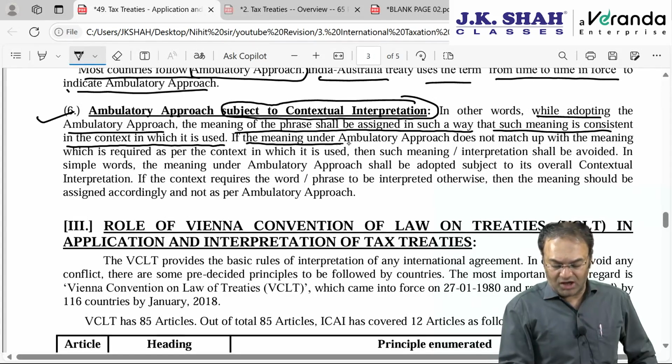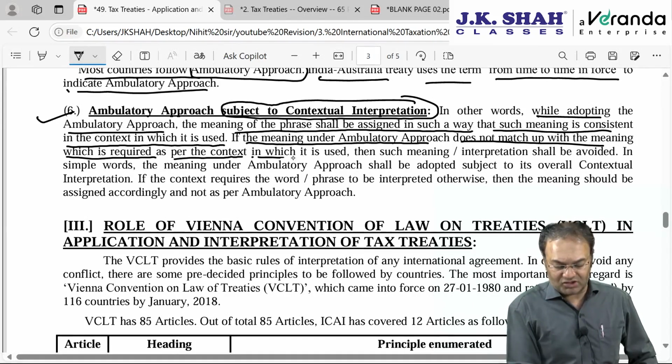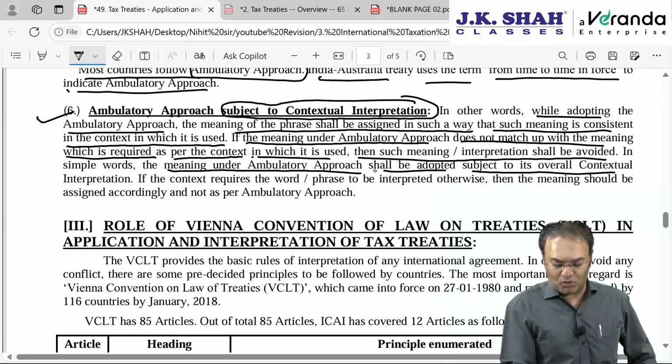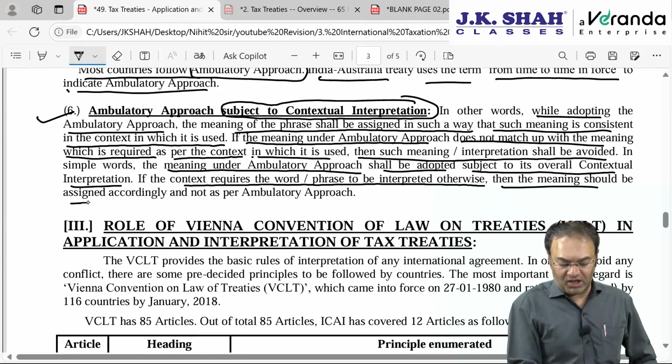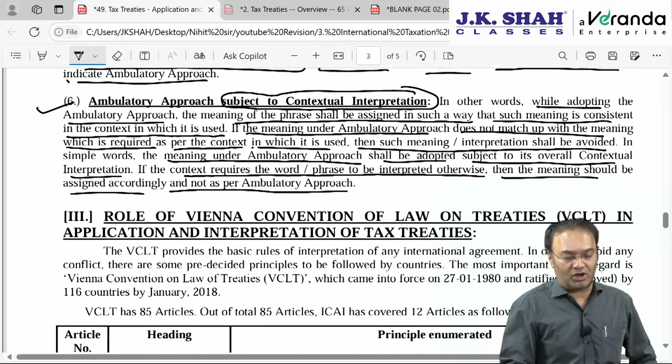If the meaning under the ambulatory approach does not match up with the meaning required as per the context in which it is used, such meaning or interpretation should be avoided. In simple words, meaning under the ambulatory approach shall be adopted subject to its overall contextual interpretation. If the context requires the word or phrase to be interpreted otherwise, then meaning should be assigned accordingly and not as per the ambulatory approach.